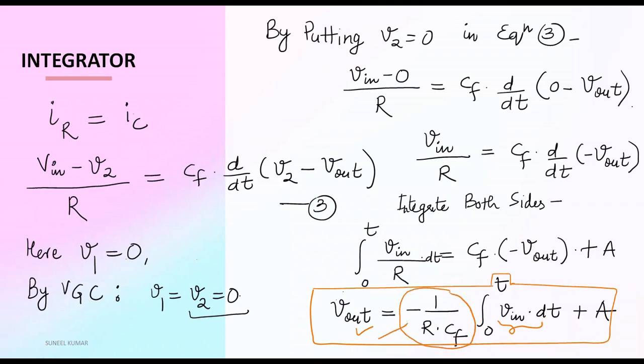We have a negative sign here because the input is applied at the inverting terminal. So there is a phase shift of 180 degrees between input and output voltage.